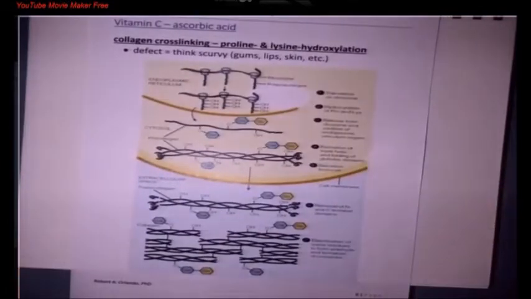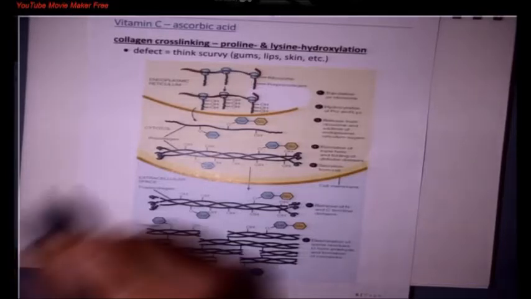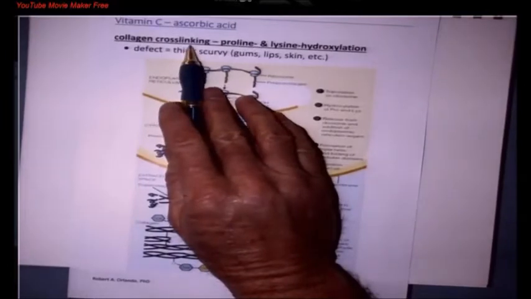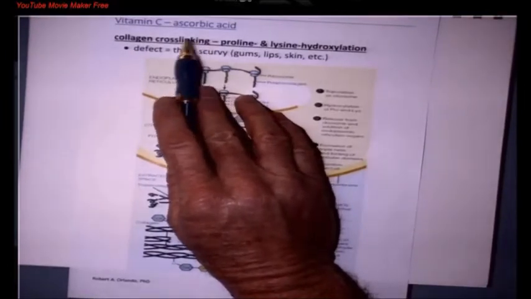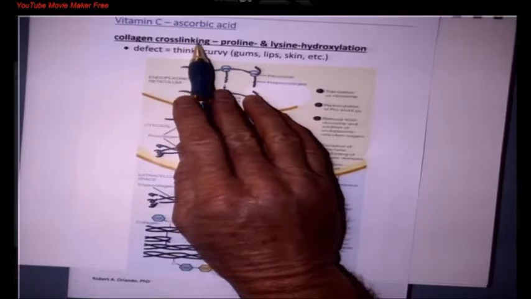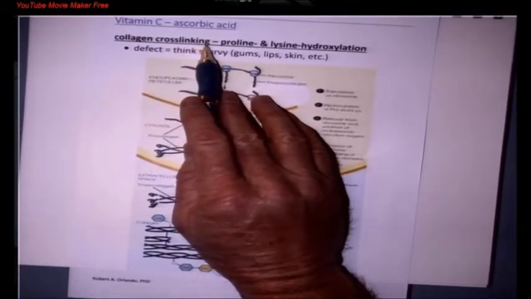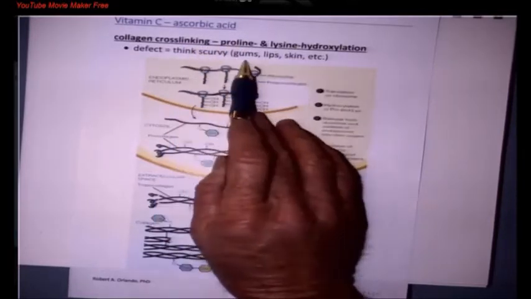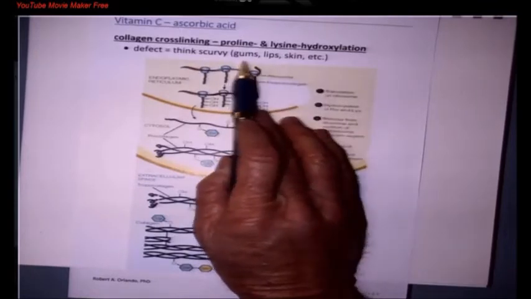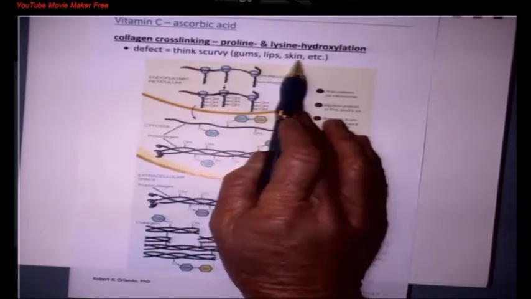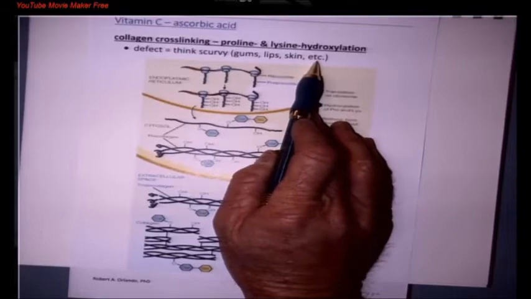So vitamin C, ascorbic acid. The classic one on vitamin C is that it's involved in collagen basement membrane formation. So if there's problems with the collagen basement membrane, primarily that the cross-linking of those triple helical collagen structures is deficient, then we are going to have problems where the basement membrane is the most delicate.